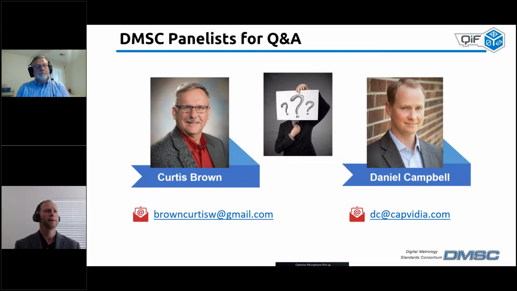No, I think that's right. In general, it's important to remember that QIF is a data format. Then you have software tools that do some of the tasks one might think of: create a CMM program, run the CMM, evaluate the results, create the product definition, do translation.